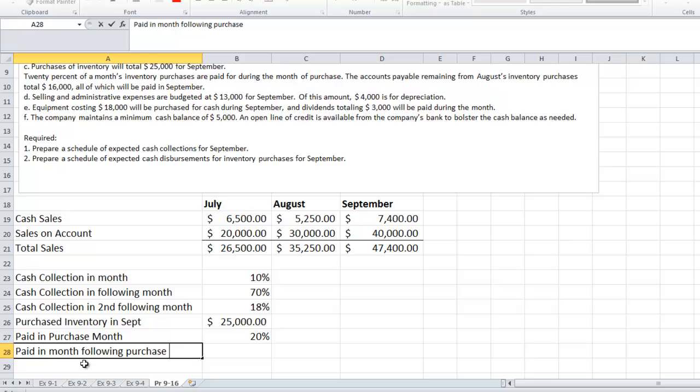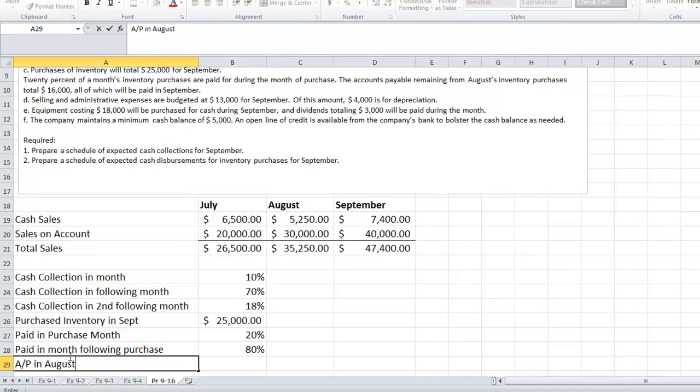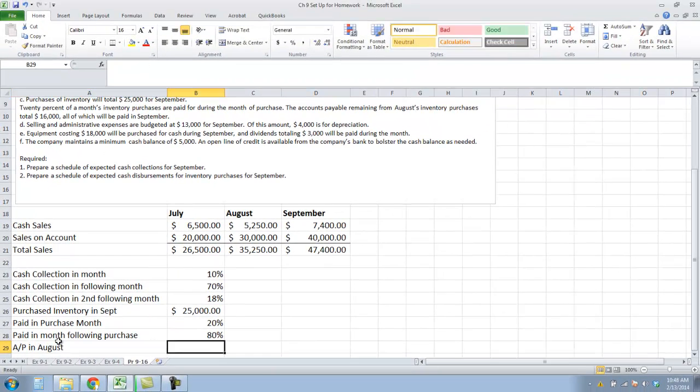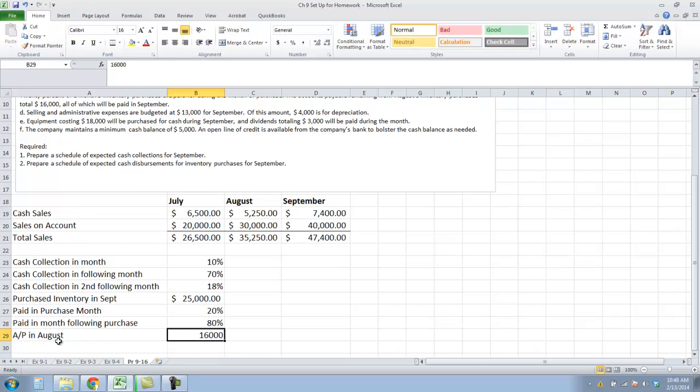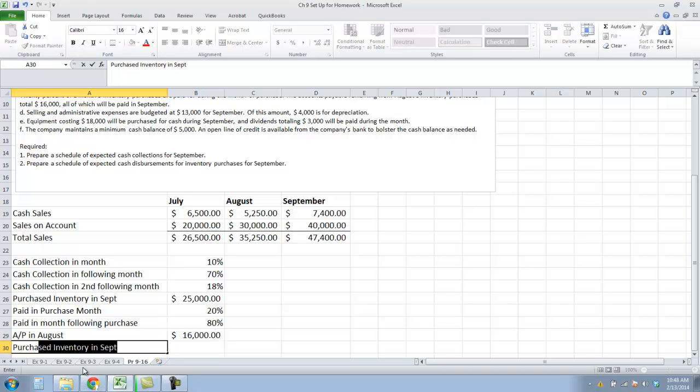All we're doing is putting down given information. We know AP in August will be 16,000. We'll purchase equipment for cash in September for 18,000.